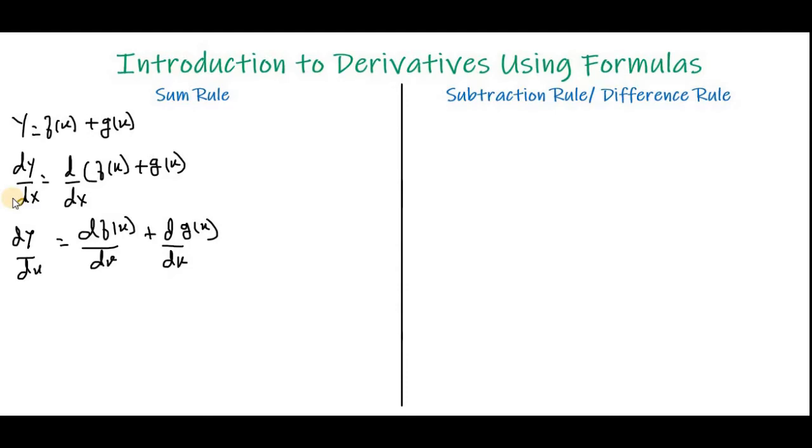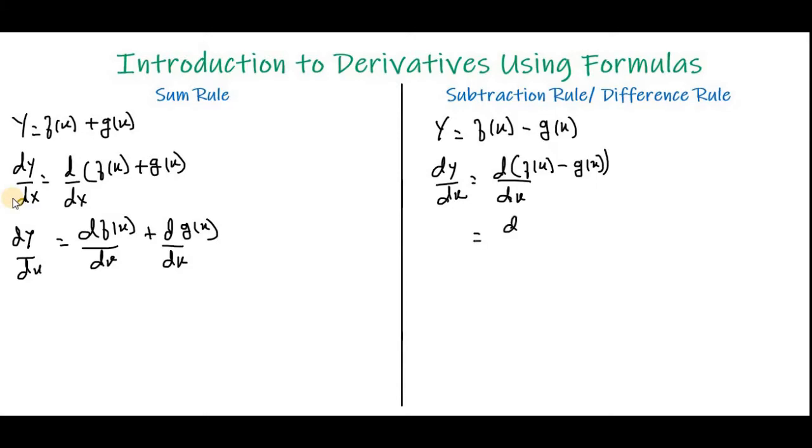Now see, in subtraction rule we have only one difference, that is of minus sign. So y is equal to f of x minus g of x, dy by dx is equal to d by dx of f of x minus g of x.